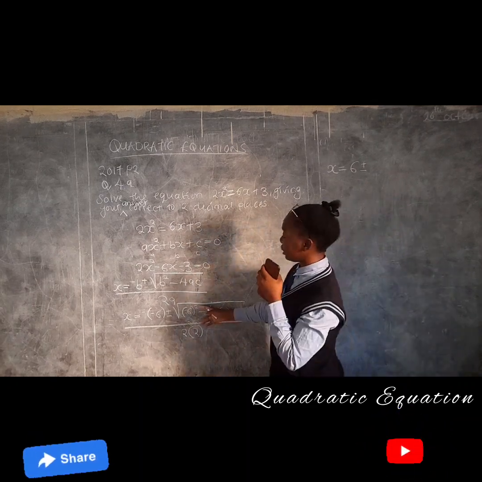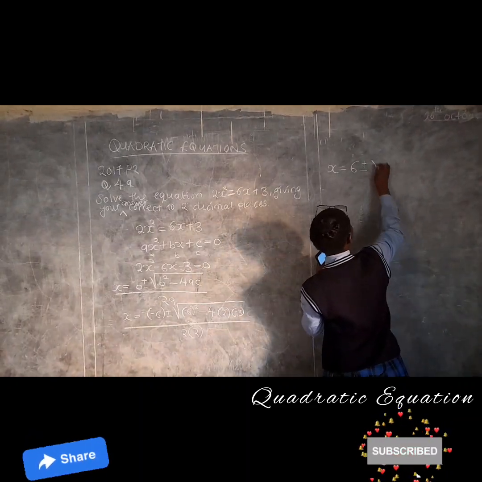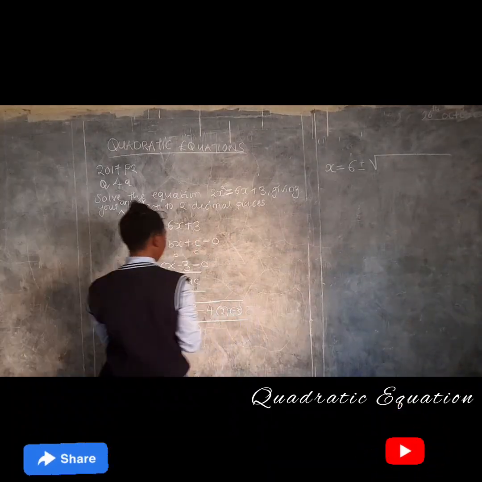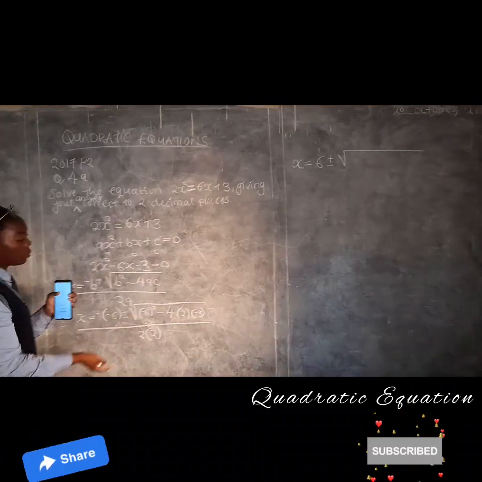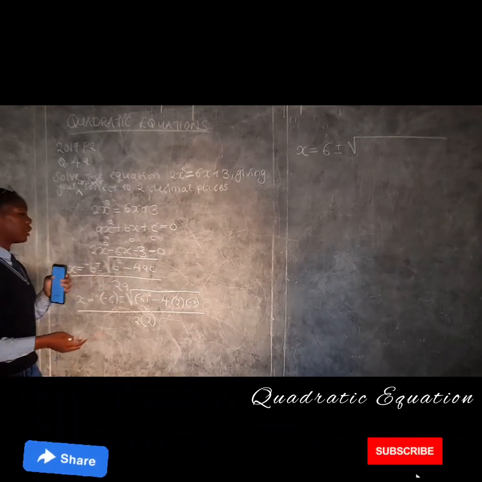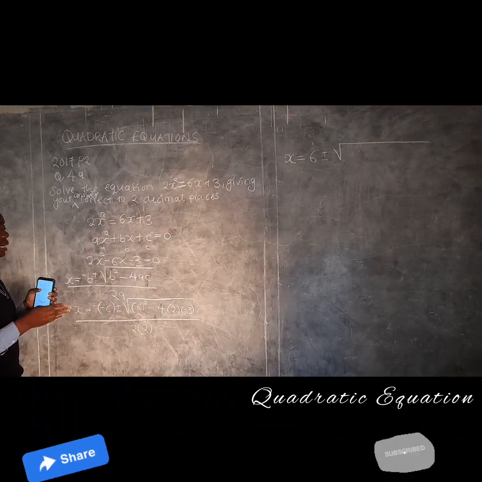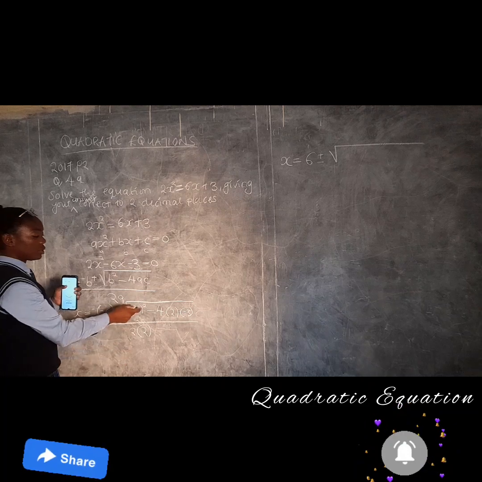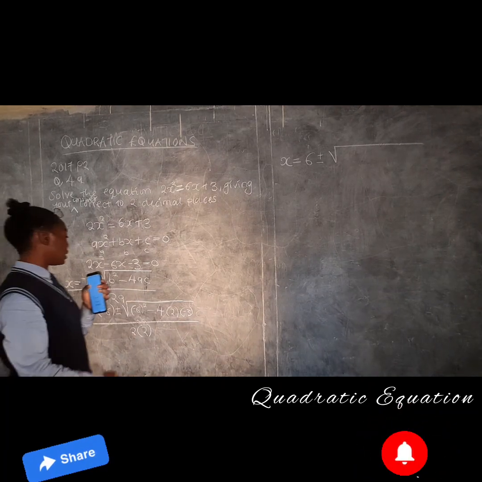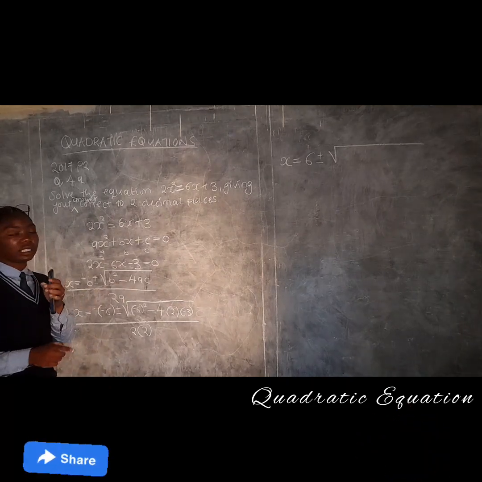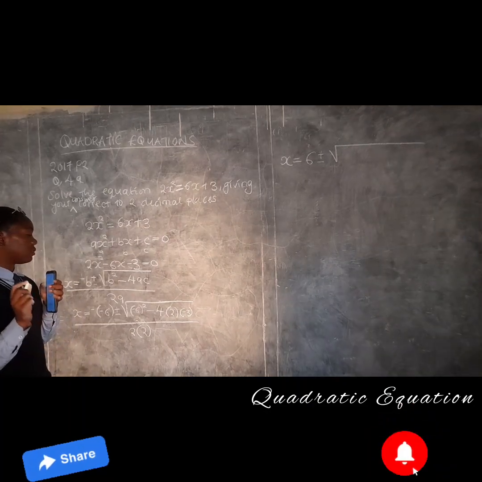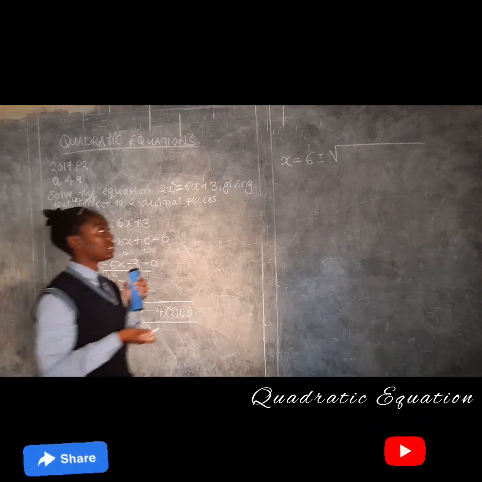Then negative 6 squared: what this simply means is that we're going to multiply negative 6 times negative 6, two times, because of the 2 that's here. So negative 6 times negative 6 is negative 36. Sorry, it's 36, because negative times negative is positive.